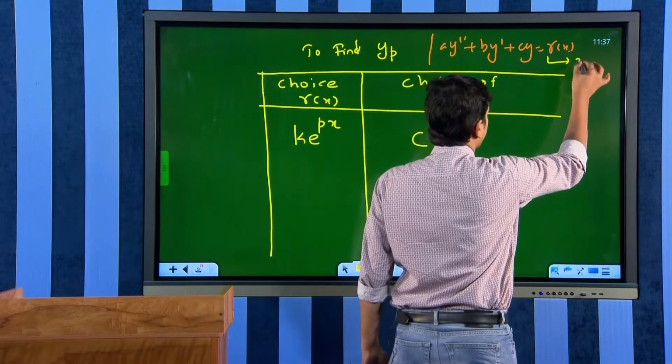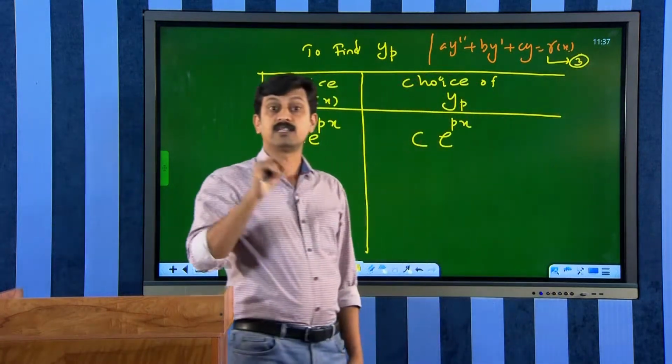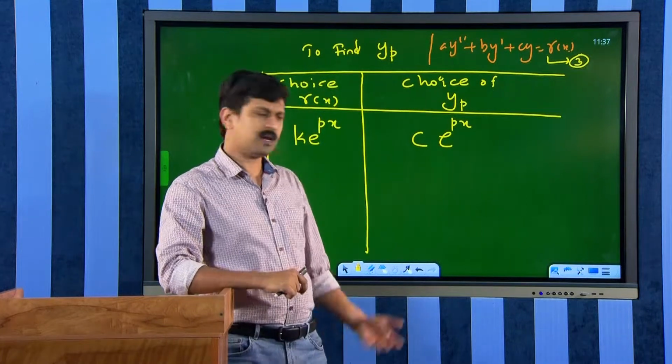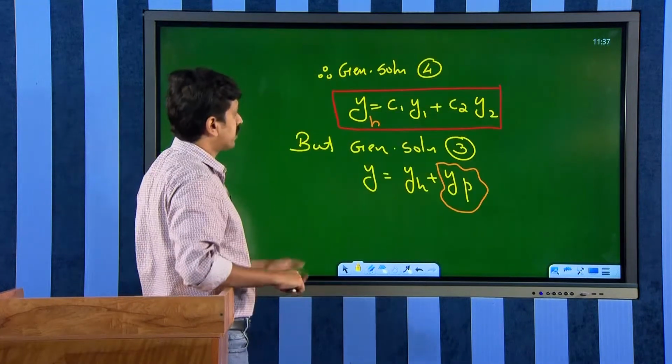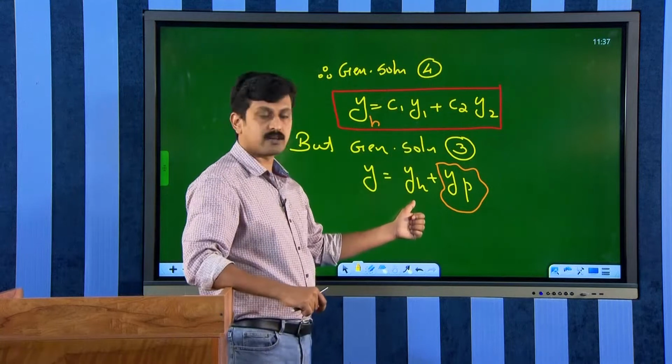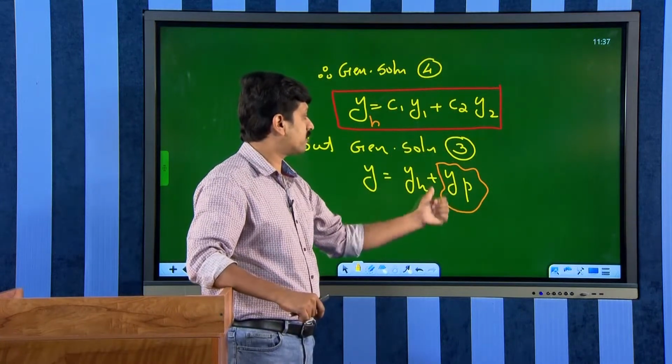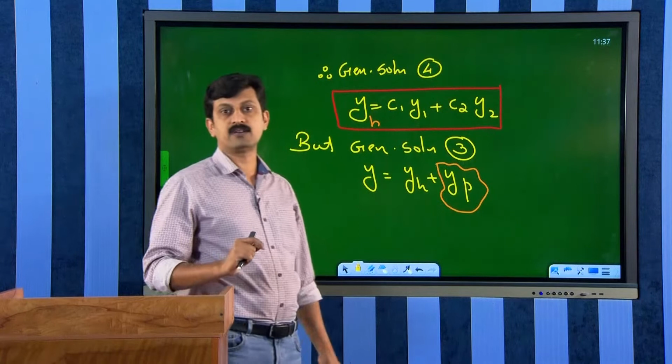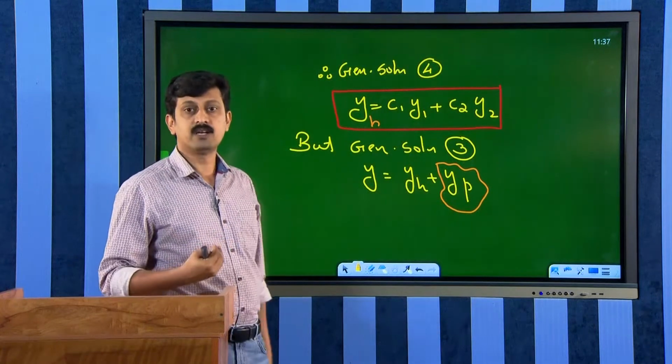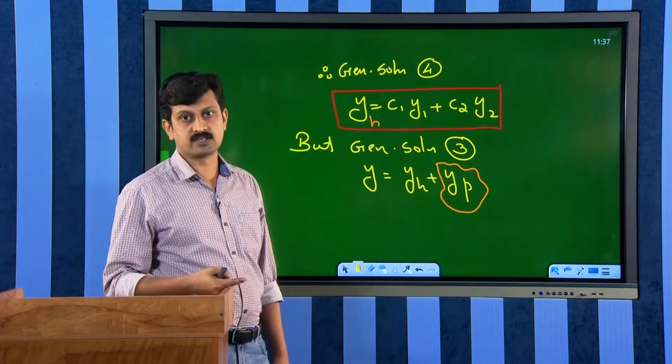By applying equation 3, we can find the actual value of c. After finding that, we can find yh, and after finding yh, we can apply yp here. So, we will have the solution of the non-homogeneous differential equation.